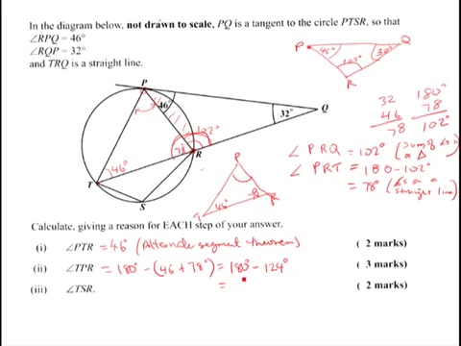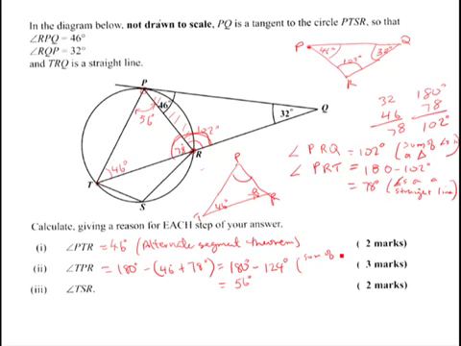That should give us 56 degrees. Let's check: 56 plus 124 is 180. Yes. So this angle here, P, is 56 degrees. And don't forget our reason for this is the sum of angles in a triangle.